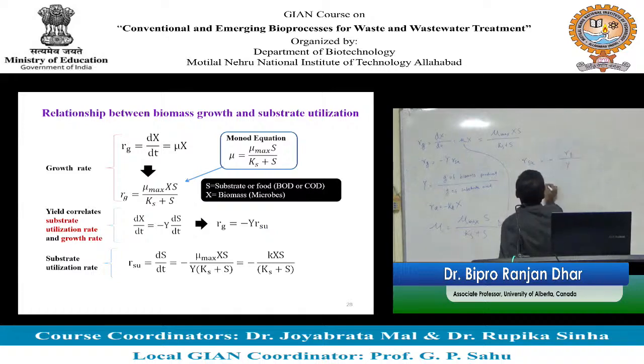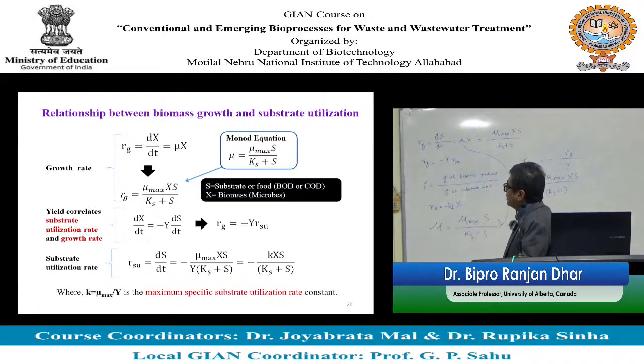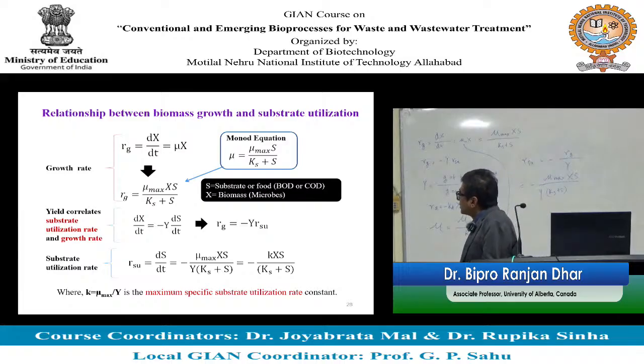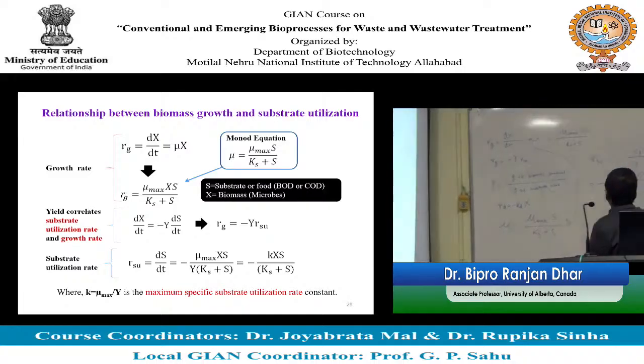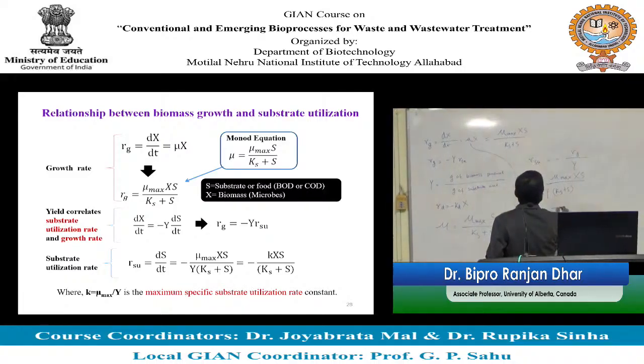So that means minus mu max X S over Ks plus S, divided by Y. And there is another term that could be used. Mu max divided by Y we can replace with k, which is the maximum specific substrate utilization rate, so we can write minus k X S over Ks plus S.